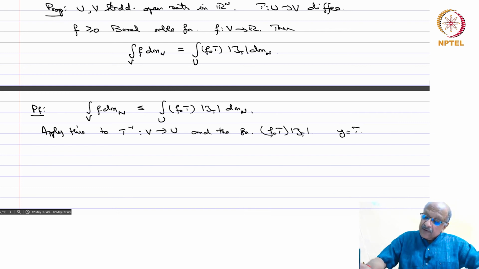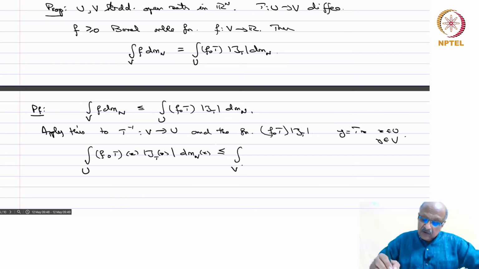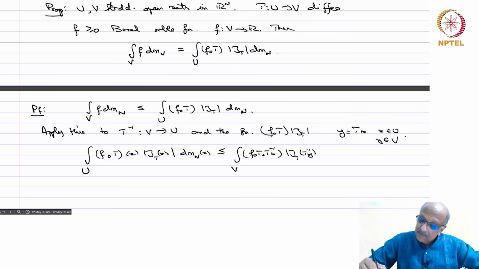You put y equals T of x, x is in U, y is in V. So you have that the integral over U of F composed with T at x times mod Jt of x dμn x is less than or equal to the integral over V, because now T inverse of U is V. So you have F composed with T composed with T inverse, times mod Jt at T inverse y, and then mod Jt inverse, the Jacobian of the mapping, at y dμn y.